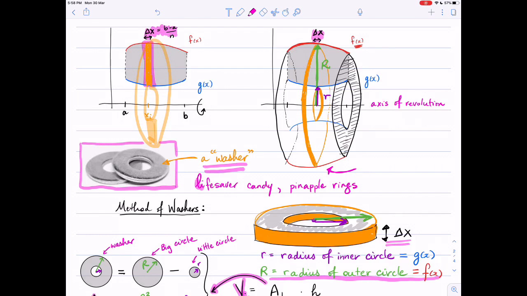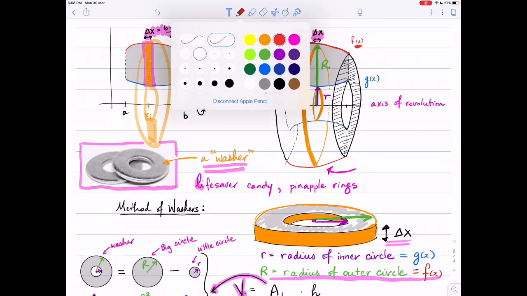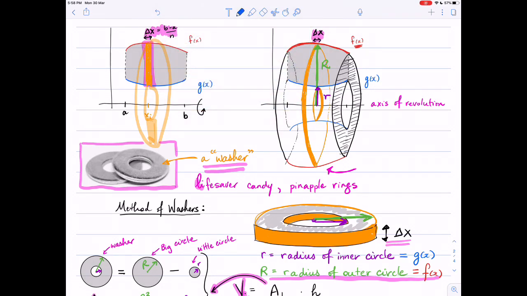And the same deal for our little circle, right? The little circle, the radius goes from the axis of revolution, from the center of the circle, to the lowermost bound. That lowermost bound is g of x, and so the radius of our small circle, little r, is g of x, right?